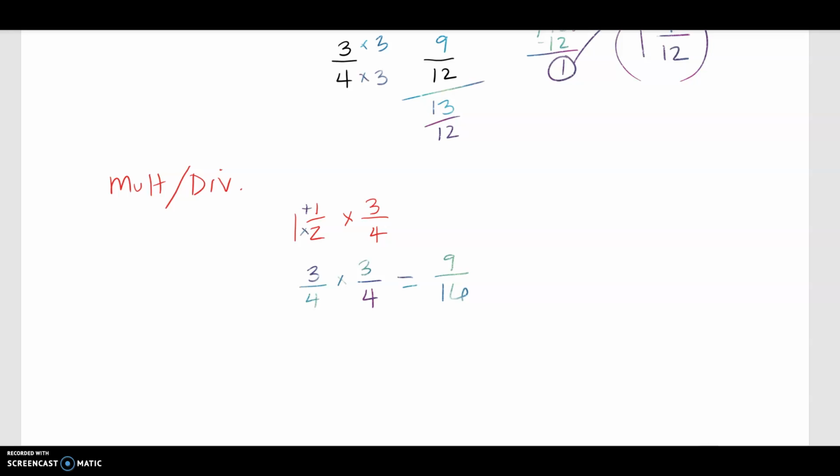Dividing's a little bit different. So if I have 3 1/2 divided by 1/2. Again, we're going to do Texas. So 2 times 3 is 6, plus 1 is 7 over 2. Oops, I put times. I meant divide, so sorry. We're dividing.